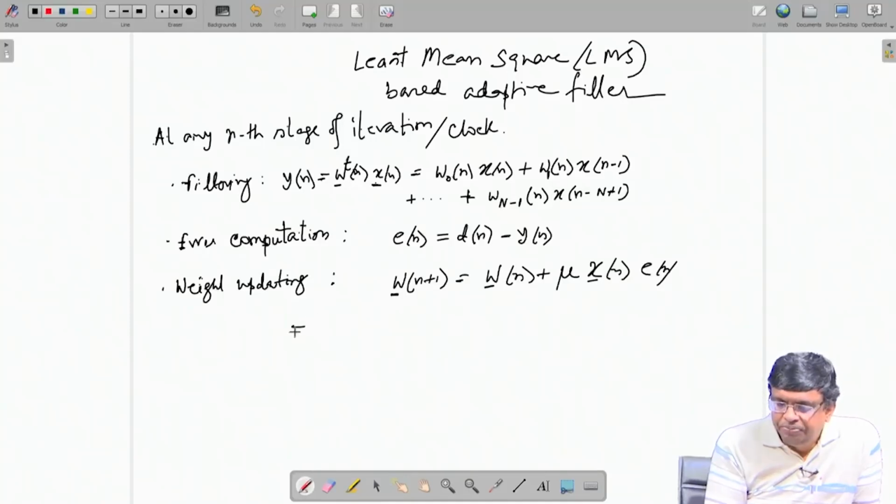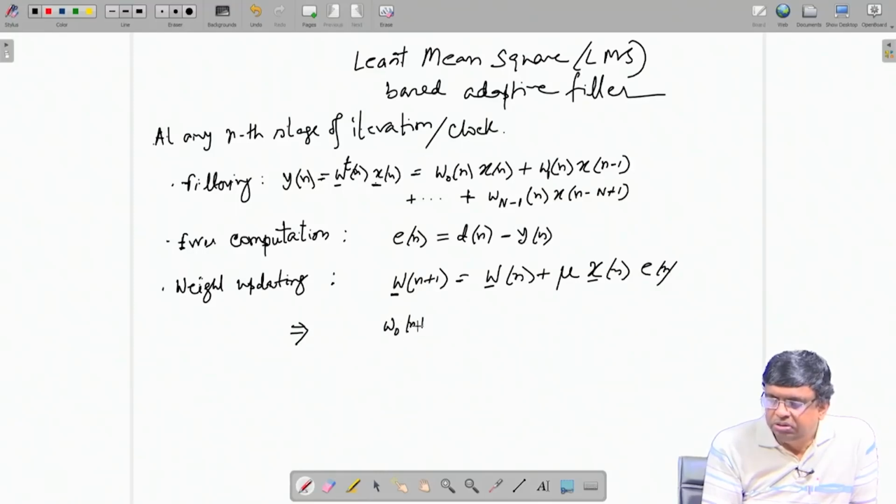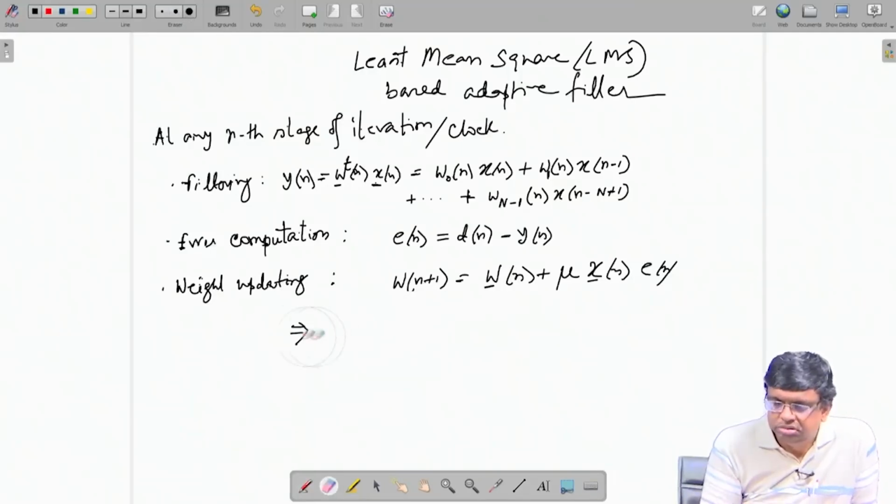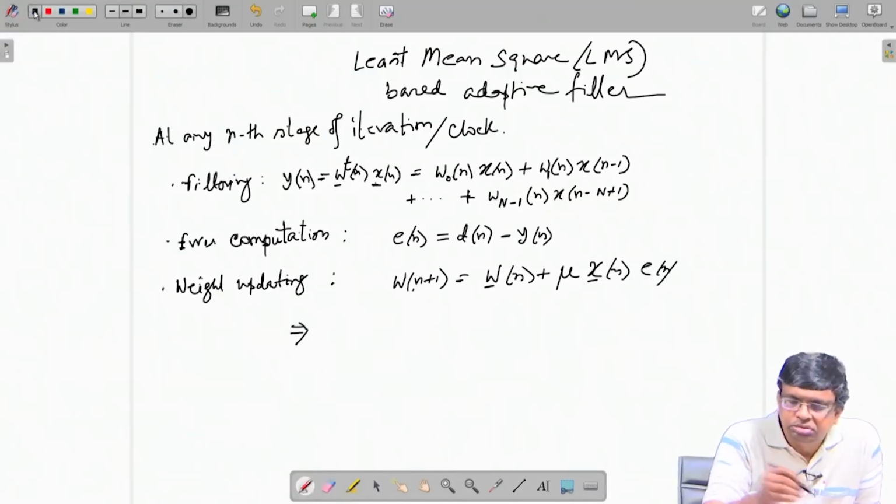Typically, it is a vector. Typically, it means if you take the 0th coefficient, W0 n plus 1 will be W0 n plus mu times xn.